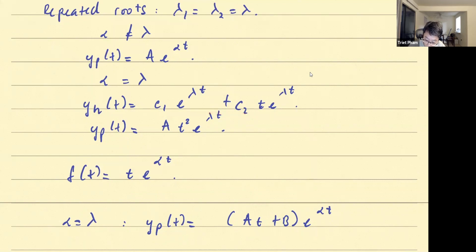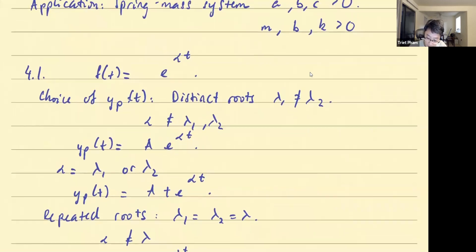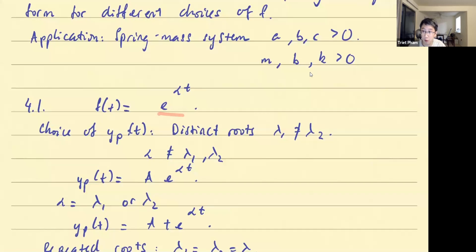In other words, you have to multiply with t squared. And that's the last part I want to mention in terms of the different variations you can see in the case of the exponential forcing function.